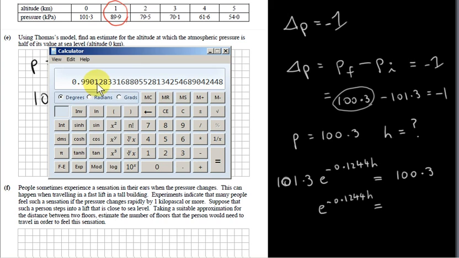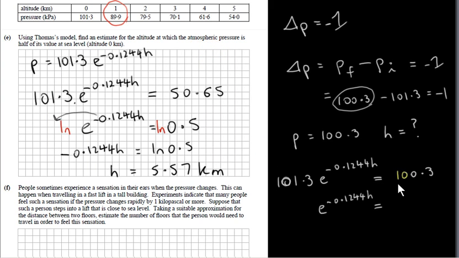I'll write this down to 4 decimal places, 0.9901. Actually, I think I will leave it as a fraction. It's more accurate. I'll write this as 100.3 divided by 101.3. As a matter of fact, we could move the decimal point and write this as 1003 divided by 1013.